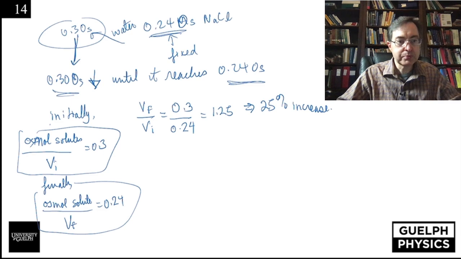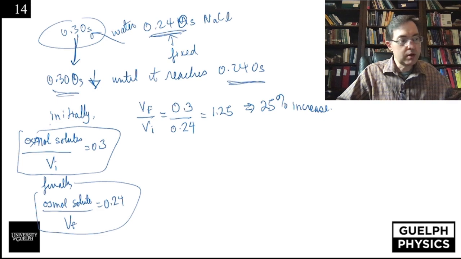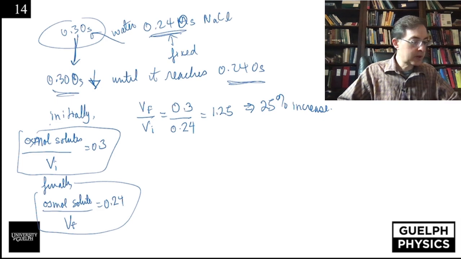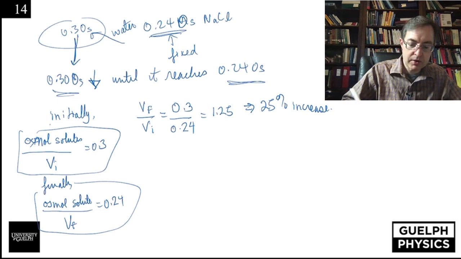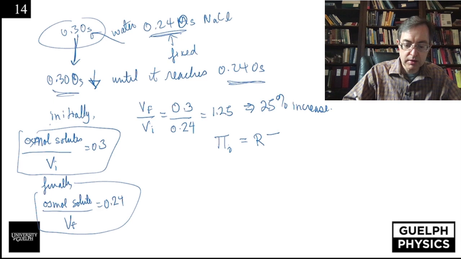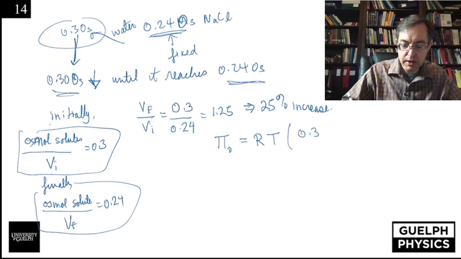Okay, and the second part of the question asks, if the cell initially had an osmotic pressure of 3 atmospheres, what is the osmotic pressure after swelling? And so this is actually a problem where you look at the initial osmotic pressure and the final osmotic pressure. So the initial osmotic pressure is given by RT times the initial concentration inside the cell, which is 0.3 osmoles per liter, okay?